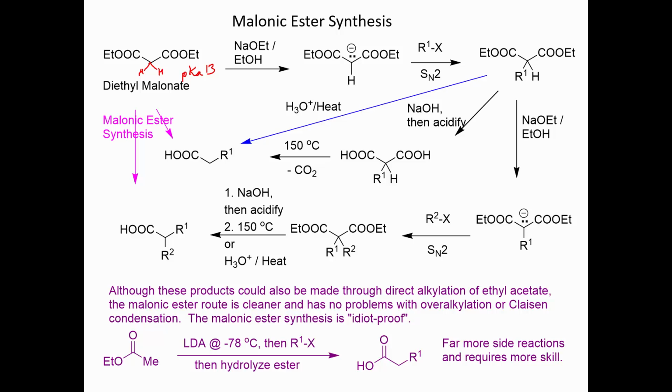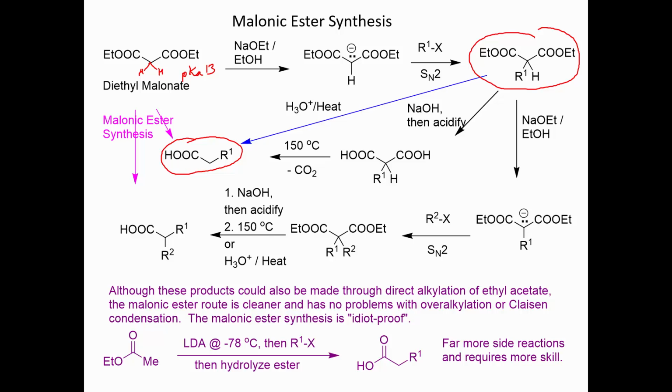Sodium ethoxide pulls off the proton. Alkyl halide does an SN2 to give us the substituted product here. We can hydrolyze the ester, either the 1-step route in blue or this 2-step route, and this gives us the carboxylic acid that's alkylated in the alpha position.